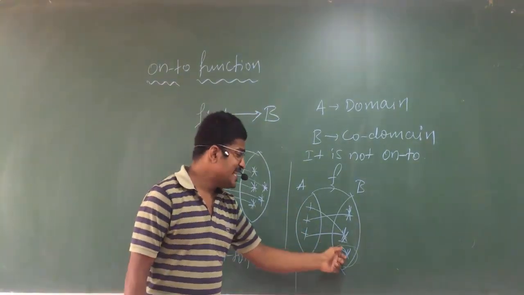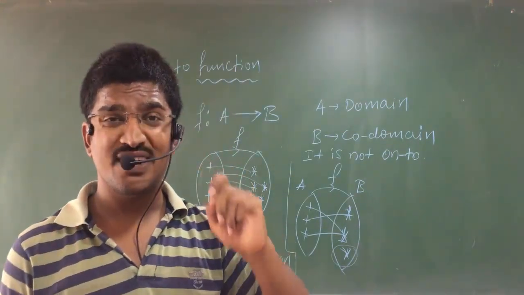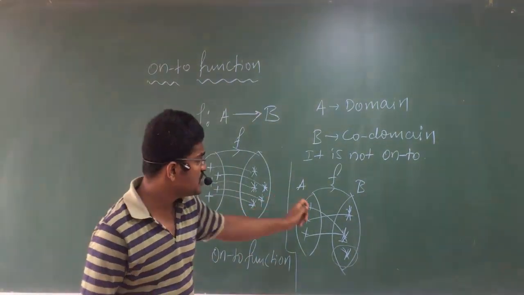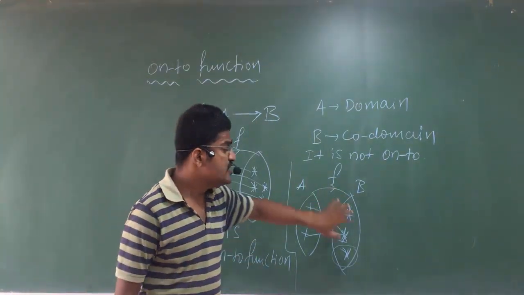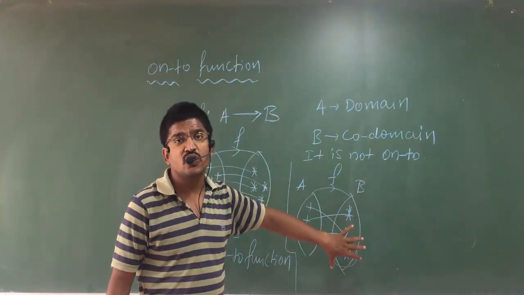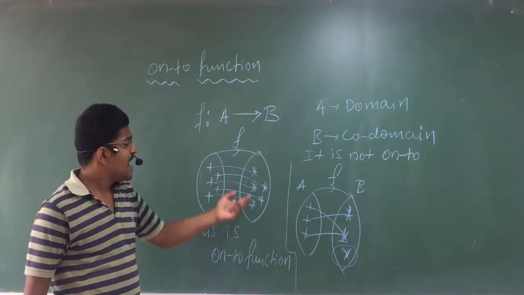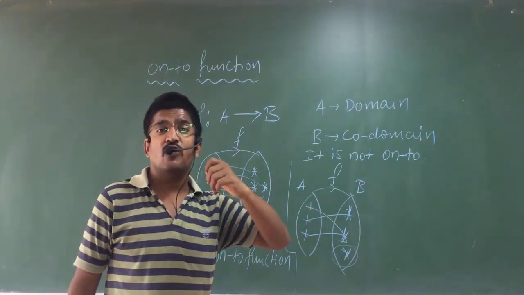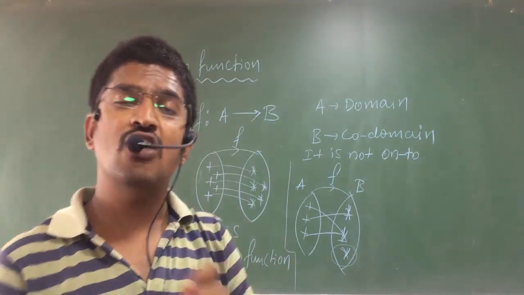Clear? This element is not having a pre-image, so for that reason this function is not going to be onto. Here every element of the codomain has a pre-image. For that reason that function is going to be an onto function.